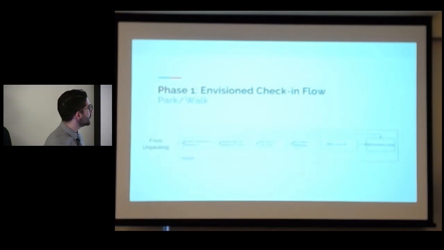Then we work into the last step, which is park walk. The student gets a notification to move to a retention lot, just to make sure the cars are out of the way and not clogging up any important points in the university. Then they get a map and a notification to go back to their dorms and start bringing all their stuff into the dorm room.